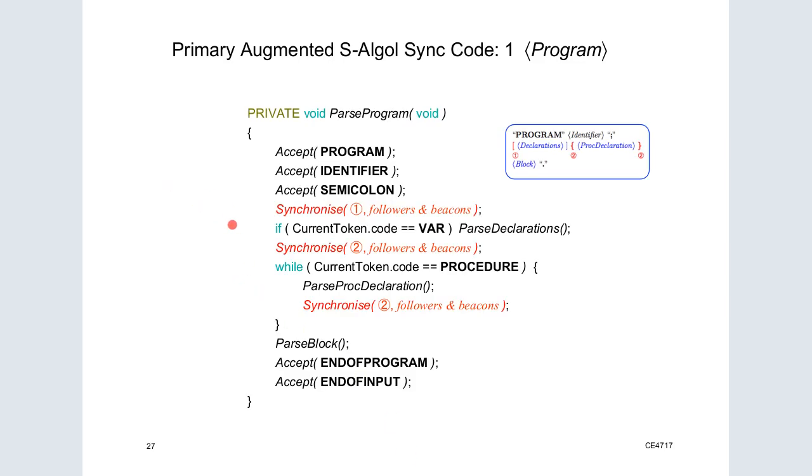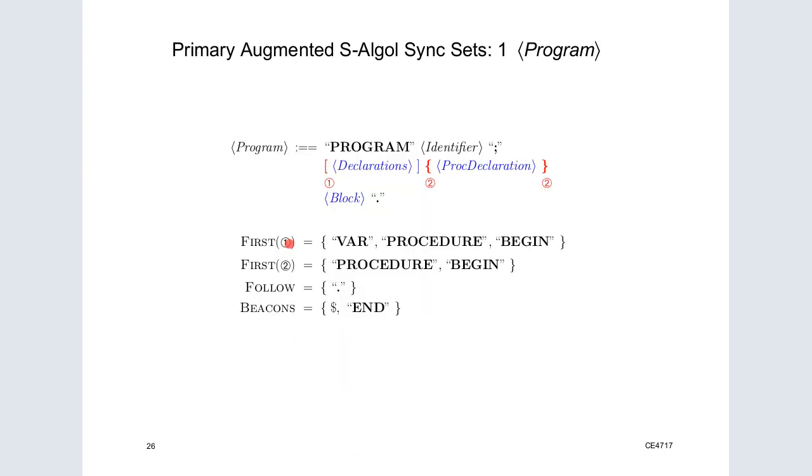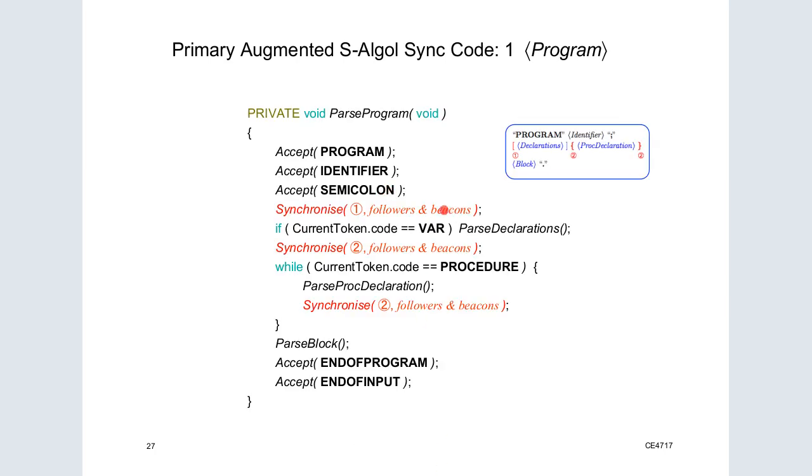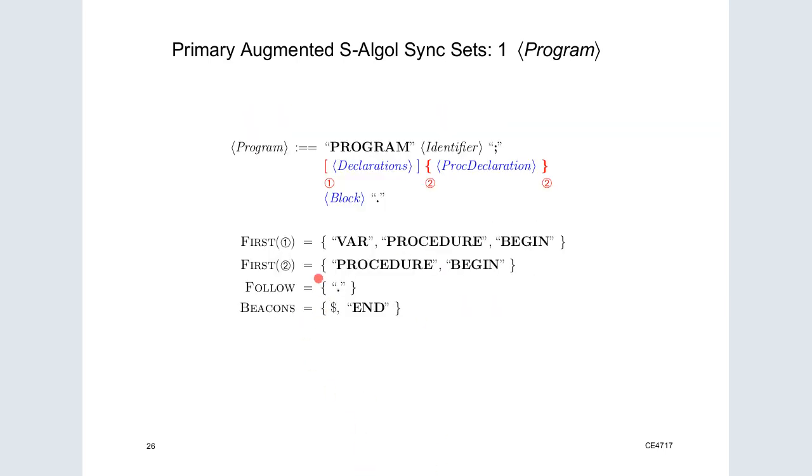And here's what the code would look like for that then. So here we have parse program, program, identifier, semicolon, accept program, accept identifier, accept semicolon. Then we have our first synchronization point. So synchronize with the first set number 1, which we have here as being this lot, and the followers and beacons, which we have from here as being the union of these two.